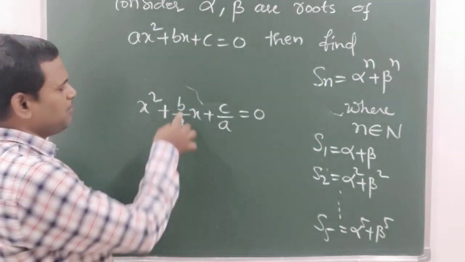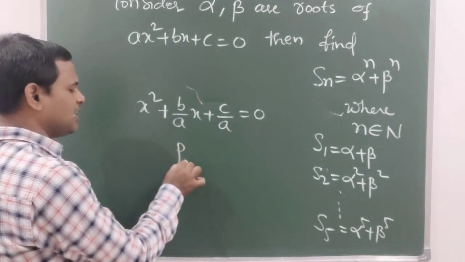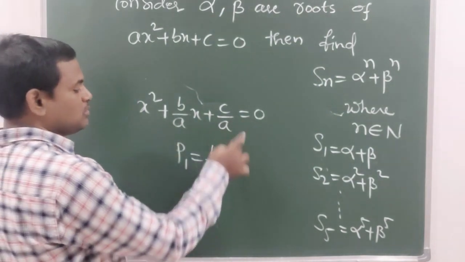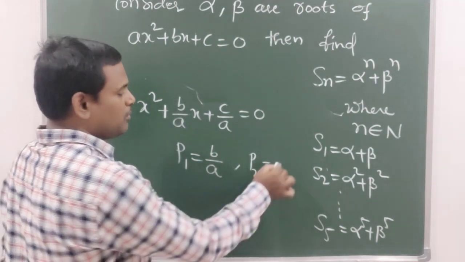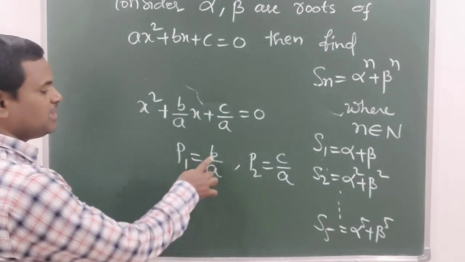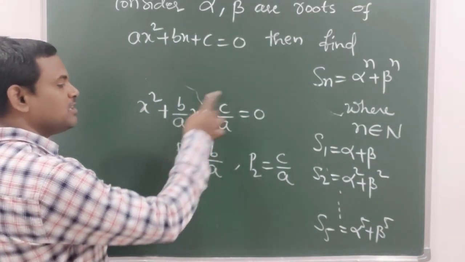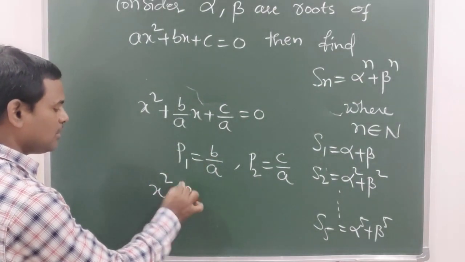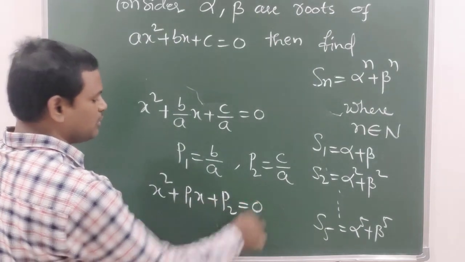In the next step, the x coefficient b by a is considered as p1, and the constant c by a is considered as p2. Then this quadratic equation is transformed as x square plus p1 x plus p2 equal to 0.